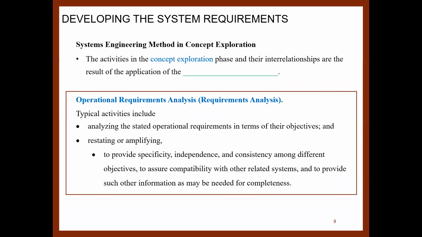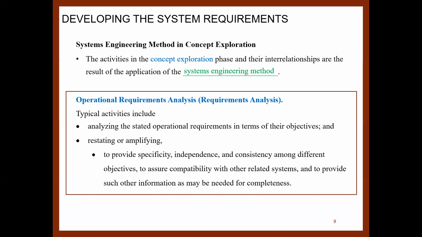The systems engineering method in the concept exploration. The activities in the concept exploration phase and their interrelationships are the result of the application of the systems engineering method. So we go through this step by step. We're going to start with the operational requirement analysis.